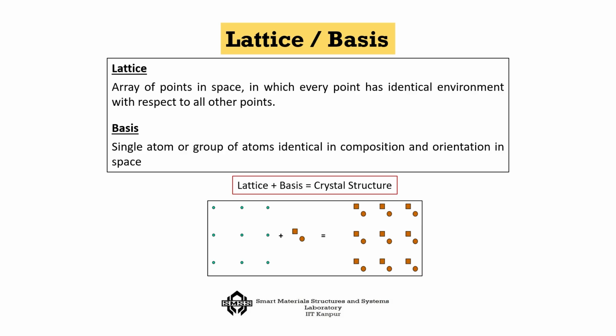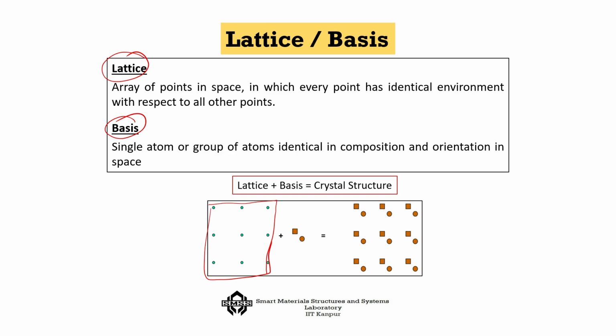Now, one important point we have to say in this area is that there are two things, one is called a lattice, another is called a basis. So, lattice is essentially the arrays of points in space, like you can see that these are the lattice, in which every point has identical environment with respect to all other points.